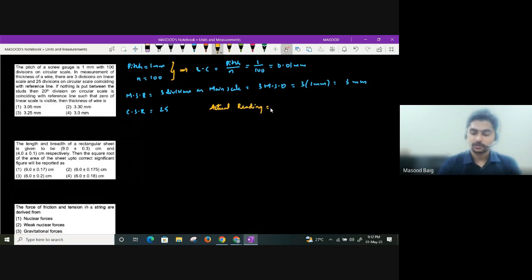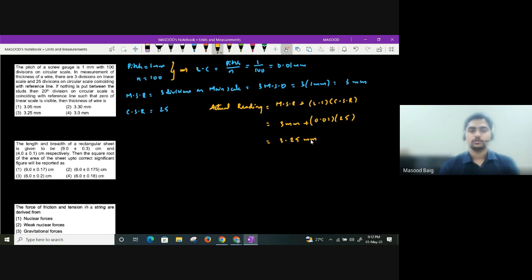So what will I get for the actual reading? It is main scale reading plus least count into circular scale reading. Yes or no? So what is the main scale reading here? Main scale reading is given as 3 mm. What is least count? You got 0.01. What is circular scale reading? We got 25. So I'll get it as 3.25 mm.